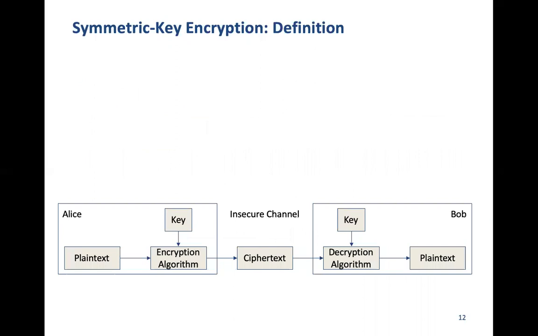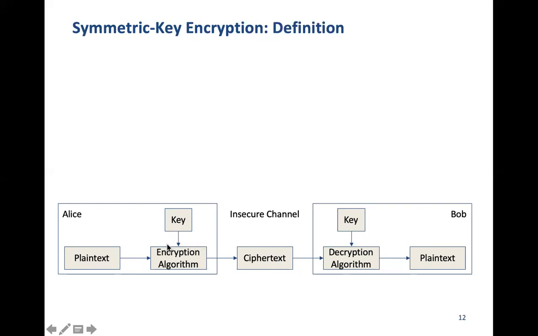All right. So now this definition we have already seen. Alice wants to communicate with Bob. She has a plain text which she wants to send, and she has a key, and this key is the same as the key with Bob.